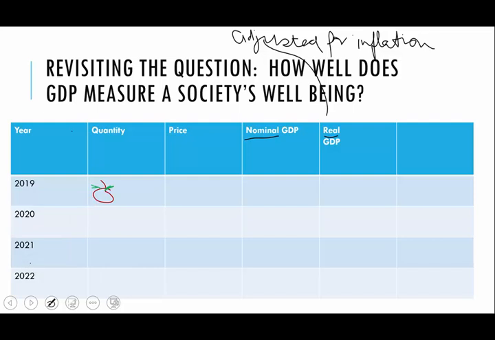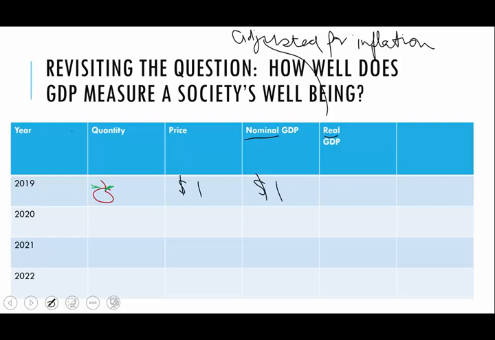And how about we sell that apple for $1? So the definition, the market value of all final goods and services produced within a nation's border, is basically one apple times $1. It's the market value. So that is nominal GDP.